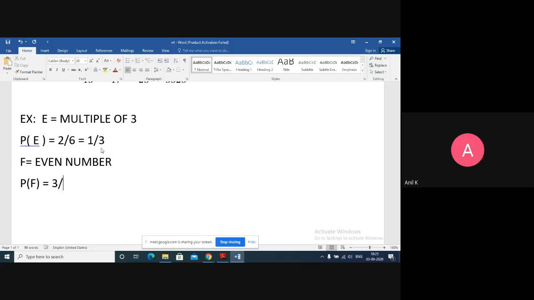4, 6, that is 3 upon 6, which is equal to 1 upon 2. So the probability of getting a multiple of 3 does not depend at all on the probability of getting an even number.